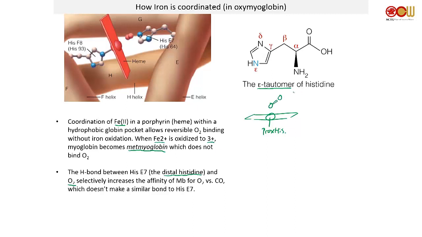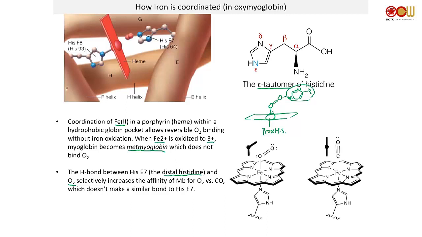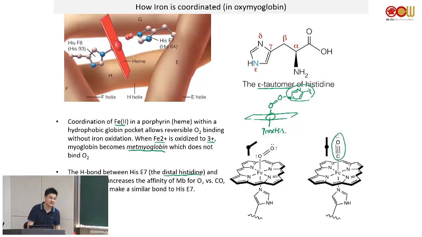Your histidine will be sort of on the side, so it can interact with molecular oxygen. Now, carbon monoxide is straight, so your histidine does not really interact with carbon monoxide. The shape of the molecule is different.